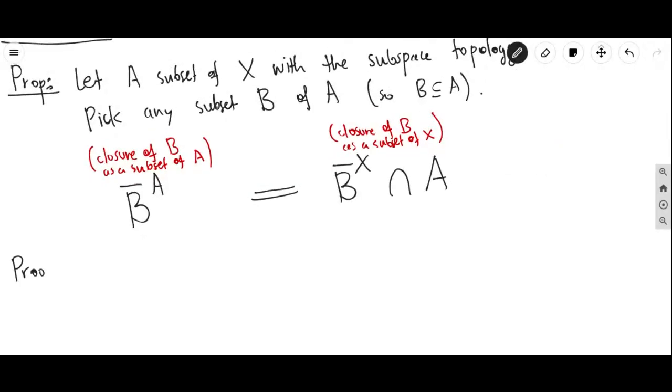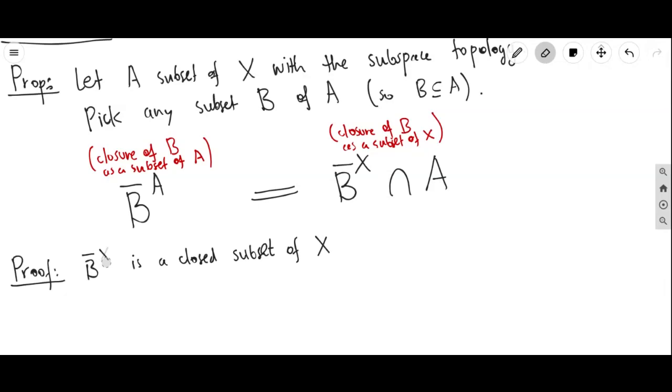You can prove it. So the closure of B in X is a closed subset of X. By definition, right?